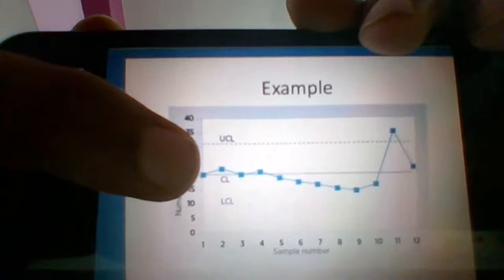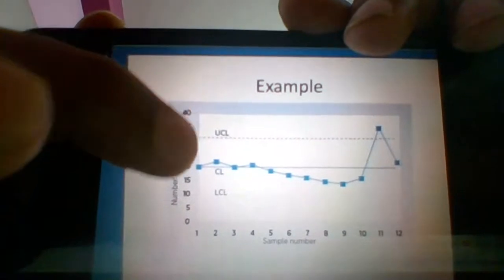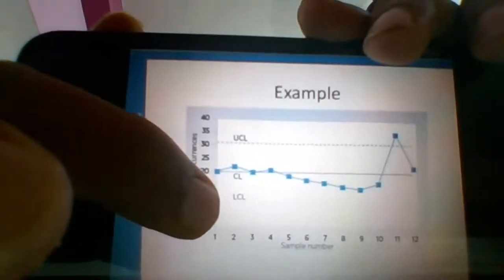Now, where is this value of A2 coming from? Basically, what we are doing is finding 3 sigma on either side of the control line. If this is my control line, plus 3 standard deviations is this, and minus 3 standard deviations is this.